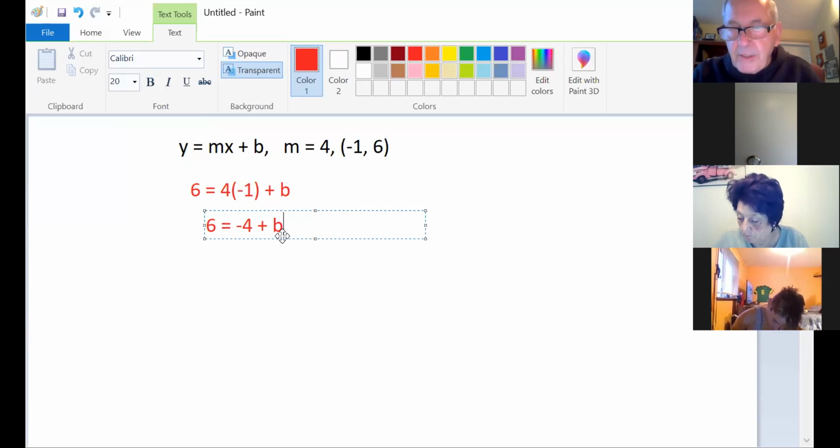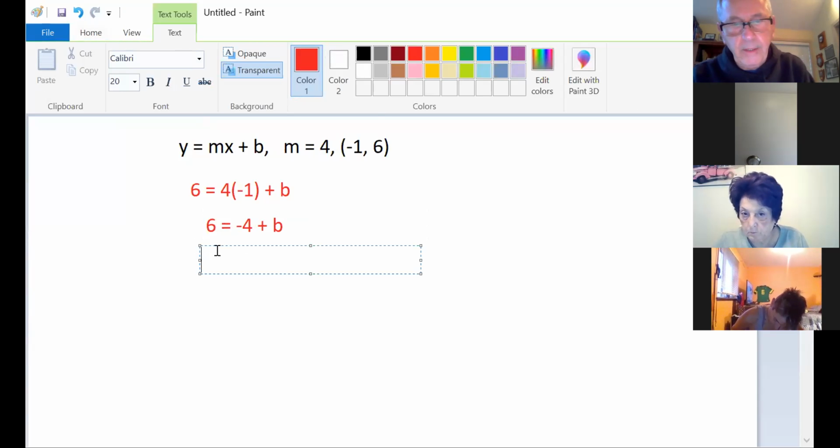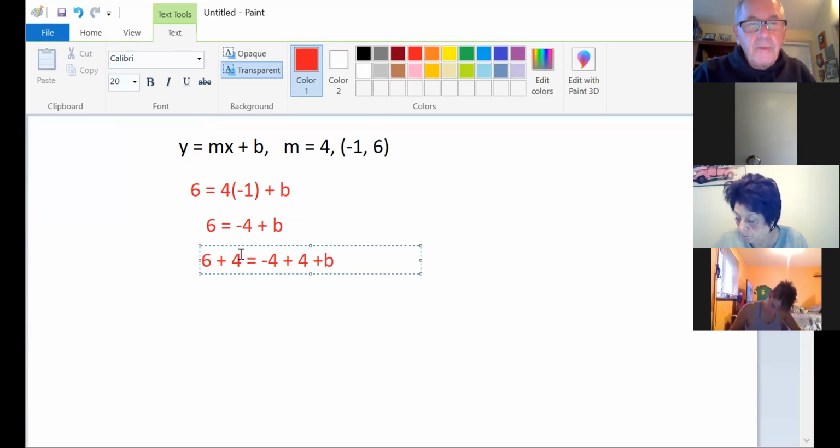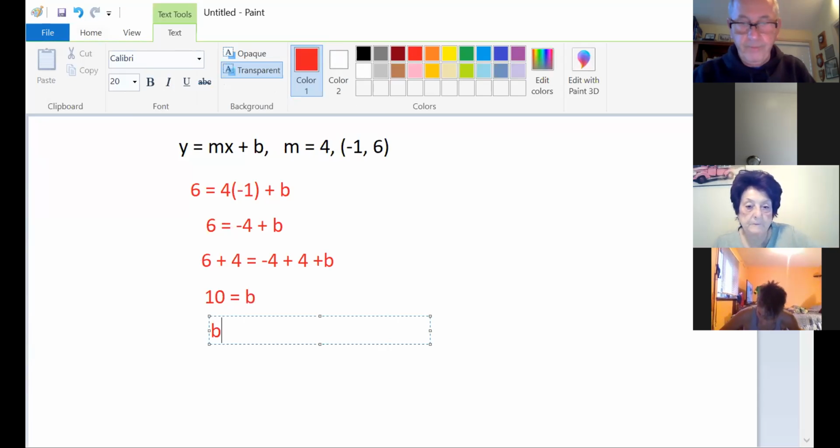I have to get b by itself on one side, so I add 4 to both sides, right? 6 plus 4 is equal to -4 plus 4 plus b. So this is 0, and so now I've got b on one side, and I've got 10 on the other side. So I've got 10 is equal to b. And that's the same thing as saying b is equal to 10.